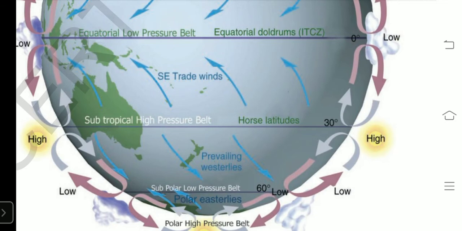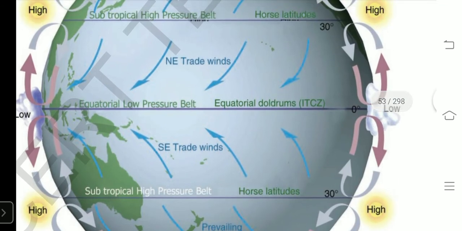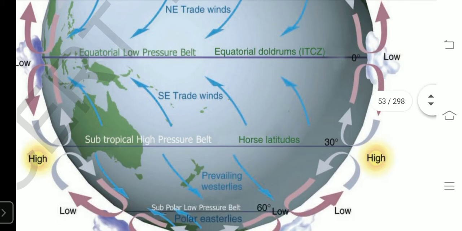Understand? Next is seasonal winds. The second type of winds are seasonal winds. Seasonal winds are those which change according to the season.